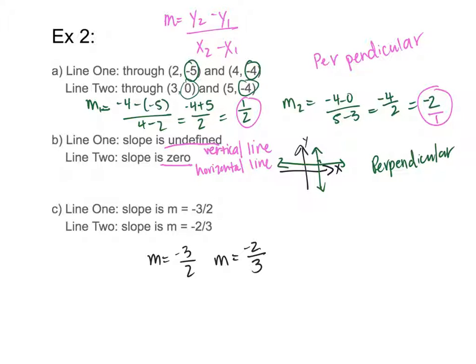We learned that if something is perpendicular, it's the reciprocal or the fraction is flipped, but one has to be positive and the other has to be negative in order to be perpendicular. And these two are not the same slope, so they're not parallel. So this one's just going to be neither.